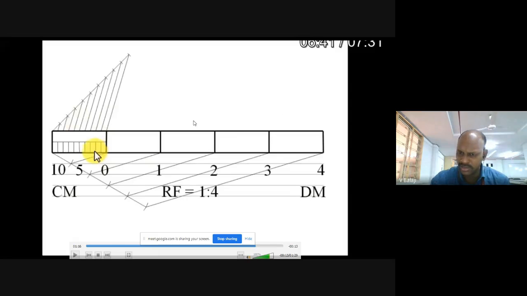In the beginning classes, we have seen how to put dimension lines. Similarly here, if you are asked to mark a distance of 3 decimeter and 7 centimeter, you draw one vertical line at 3, and at the 7th centimeter you draw one vertical line. Are you able to follow? This is 1 centimeter, 2 centimeter, 3, 4, 5 centimeter, 6 is there, and the 7th centimeter is there. You highlight that vertical line.